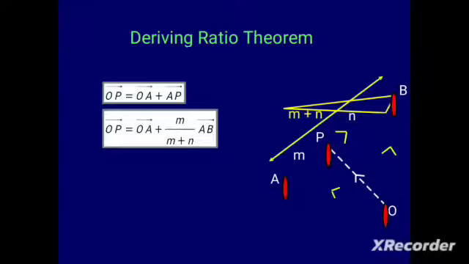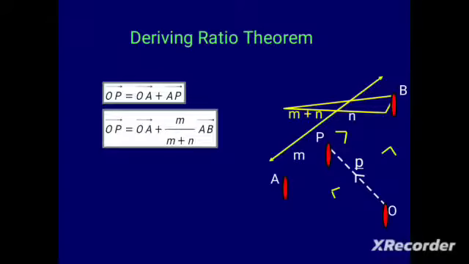So we have M of the total length, which is M plus N. So the fraction there will be M over M plus N of the vector AB. So that is exactly what is in the second part.